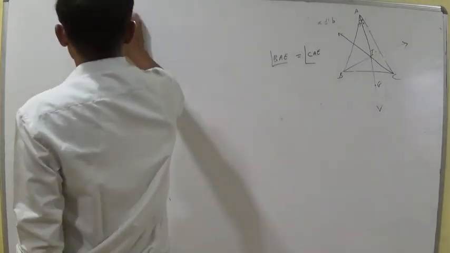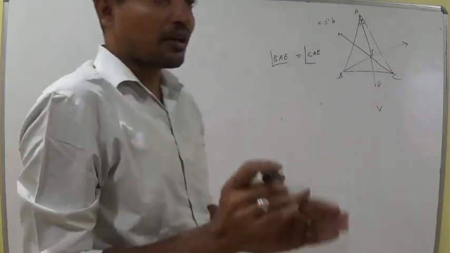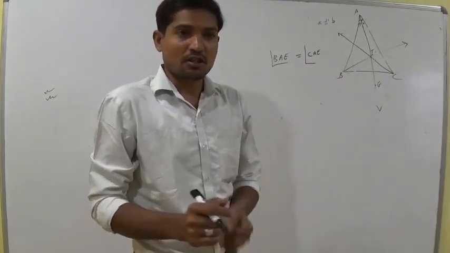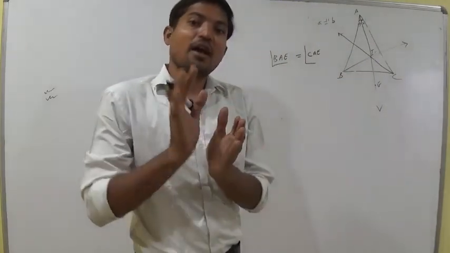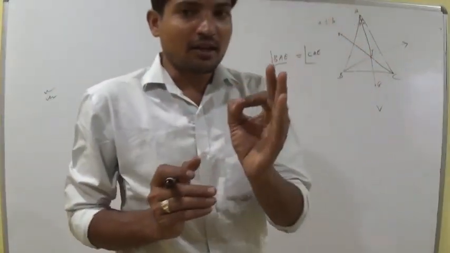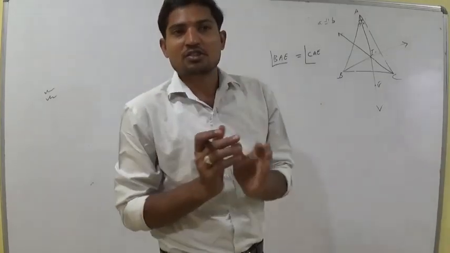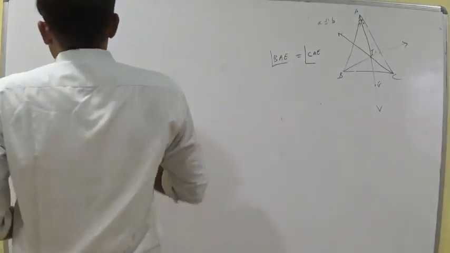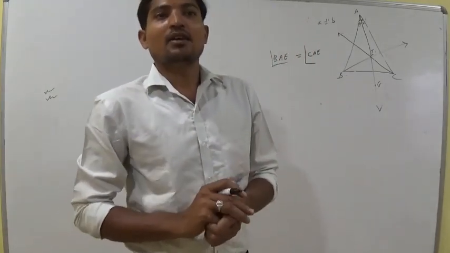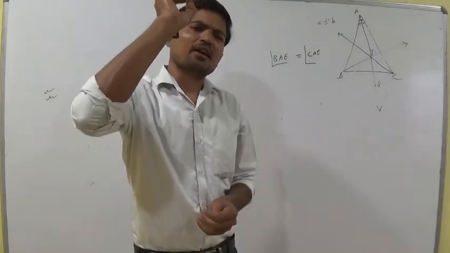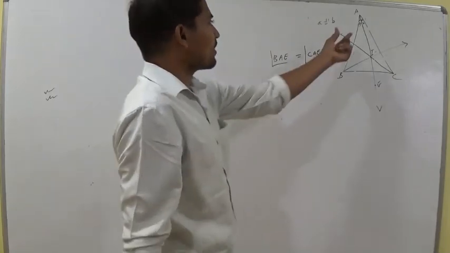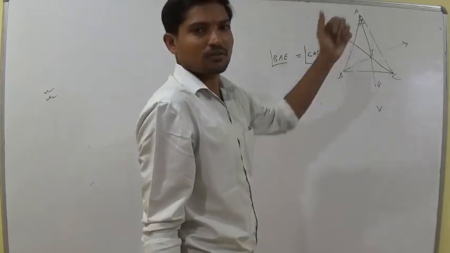The pair of lines having the same inclination with their angle bisector. Try to understand the point here. The lines which are having the same inclined angles with their angle bisectors. Every pair of lines are having the same inclined angles with their angle bisectors. So the example is this one.